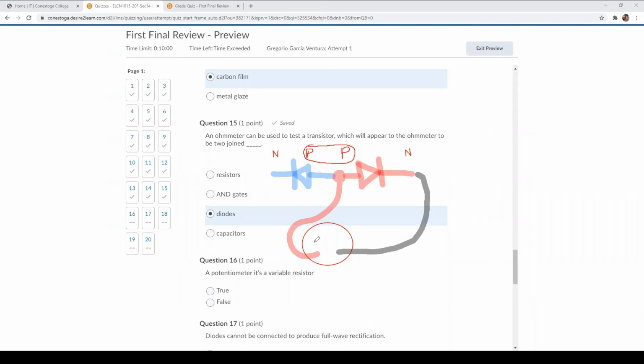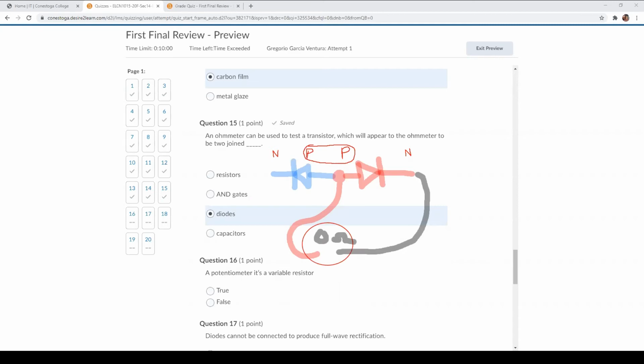Okay, it's not going to indicate zero. It's going to indicate that we have a closed switch, so it's going to give you something close to 0 ohms, just indicating that we have continuity that is forward biased.